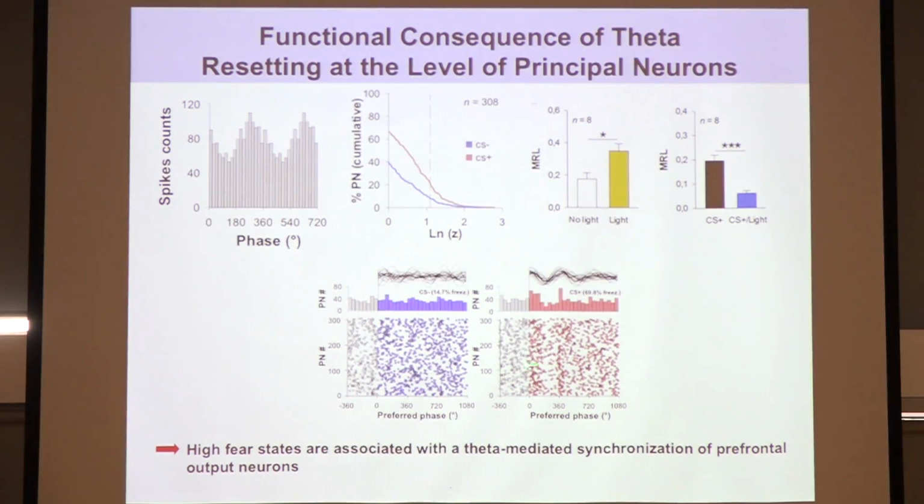So the next question was, okay, those pyramidal neurons get synchronized during high fear state due to the resetting of the oscillation that was mediated by PV interneuron inhibition. The question is, where do these neurons project to regulate fear responses?